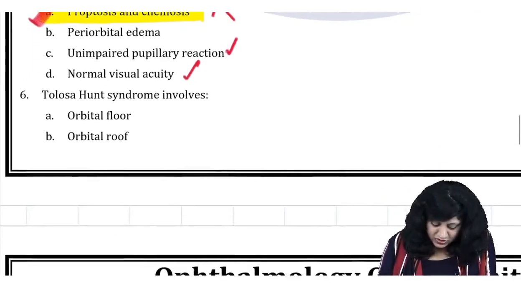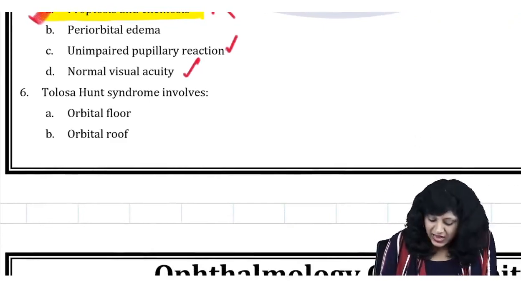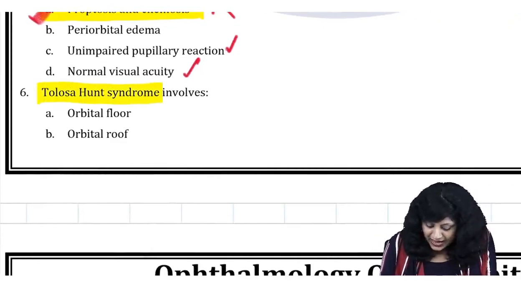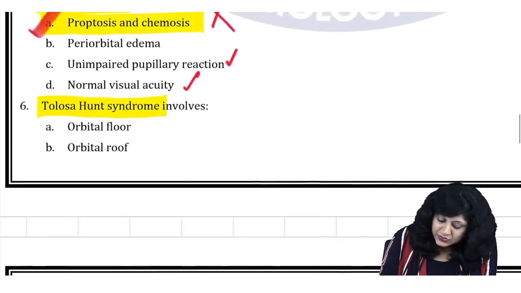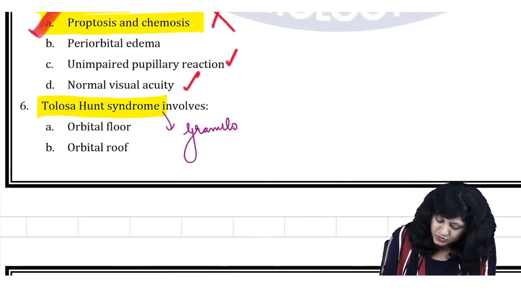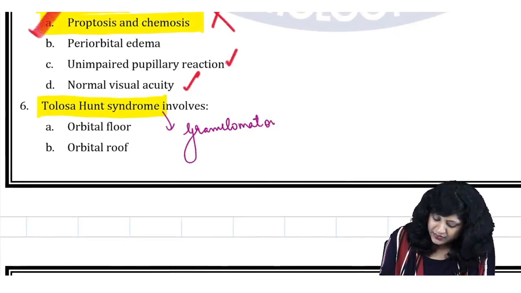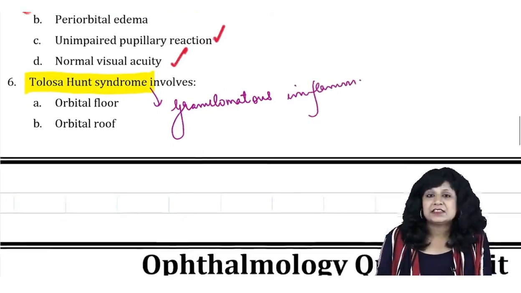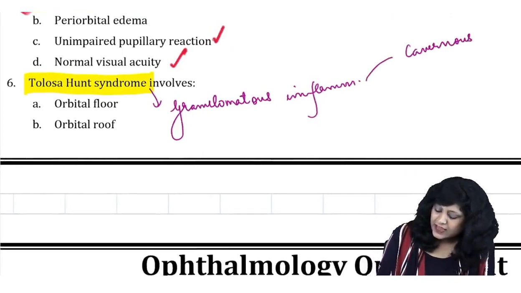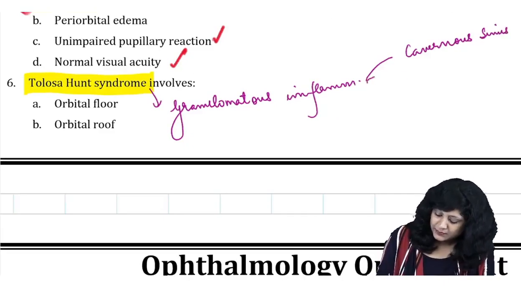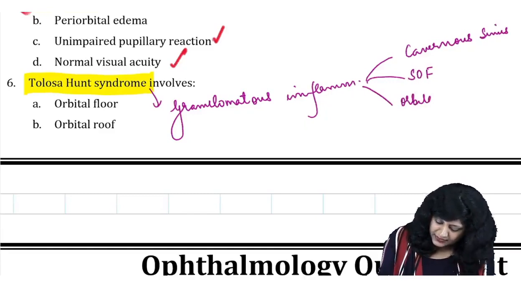Then question number 6. Tolosa-Hunt syndrome. What is actually Tolosa-Hunt syndrome? Tolosa-Hunt syndrome basically means we have granulomatous inflammation. Whenever we have granulomatous inflammation taking place, this can be in the cavernous sinus, or it can be in the superior orbital fissure, or at the orbital apex.